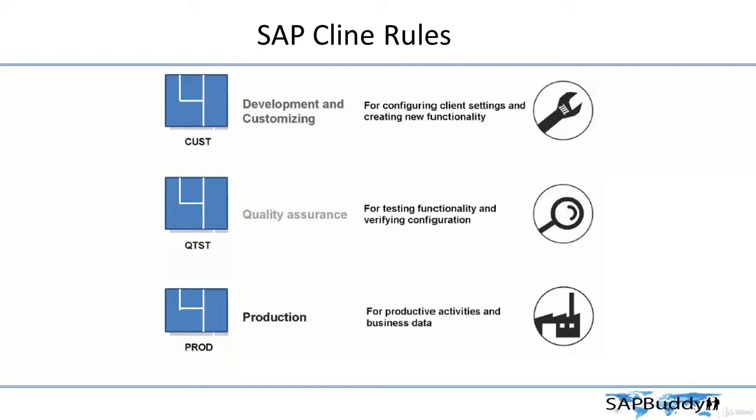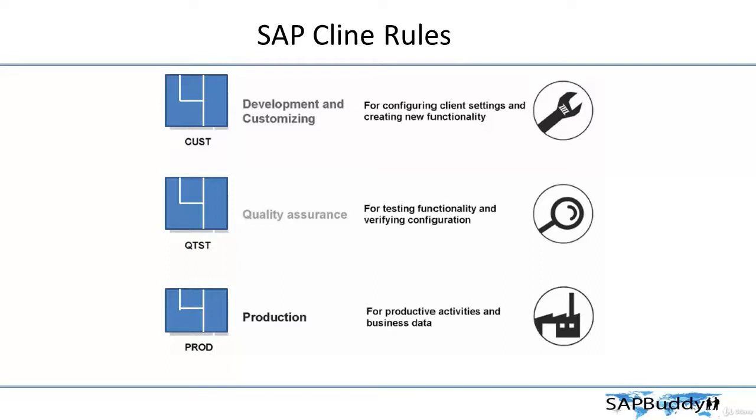Then we will come to the quality assurance client. The quality assurance client is used for testing the new customizing settings or new developments in your SAP system. Then we will come to the production client.